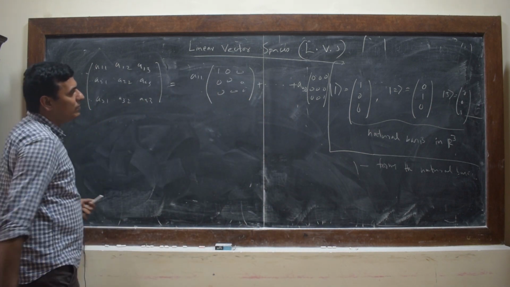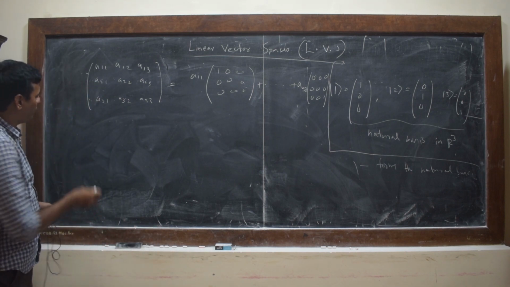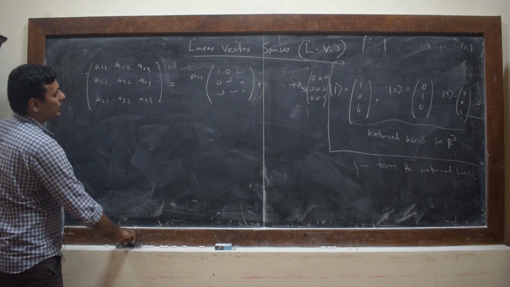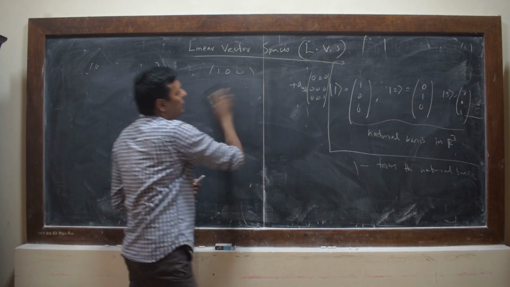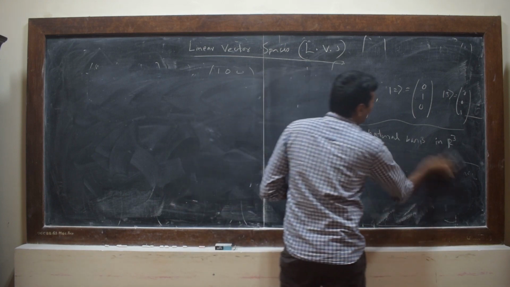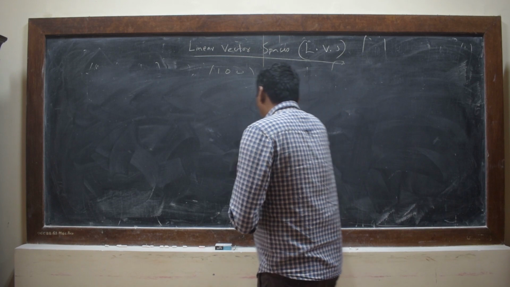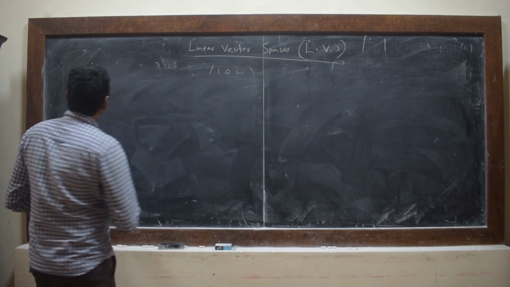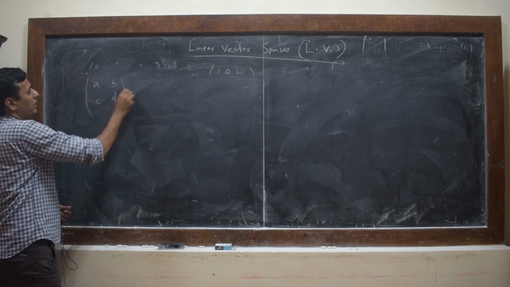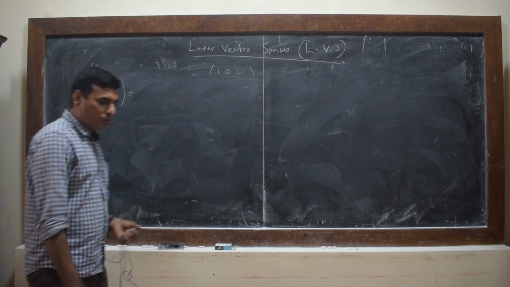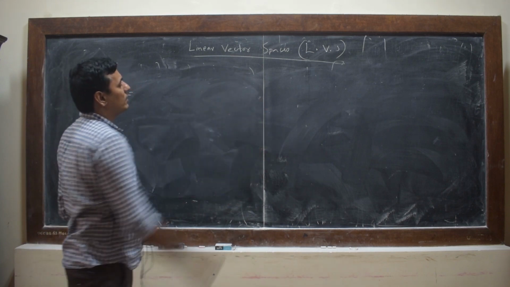All right. Now take a 2 cross 2 matrix, say A, B, C, D. The choice of basis need not be the natural basis; you can have any other basis.